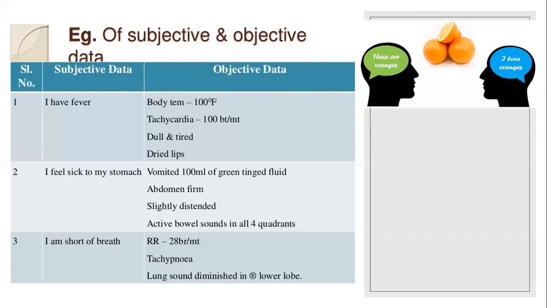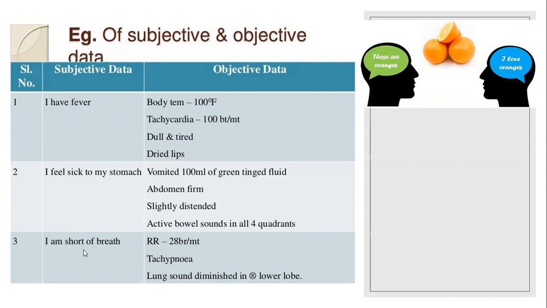Nausea is a desire to vomit, but you can see the vomiting, something projectile coming out. Like the patient vomited 100 mg of green-colored fluid. Patient has an abdomen that is firm, slightly distended. Active bowel sounds are there. So this is measurable.